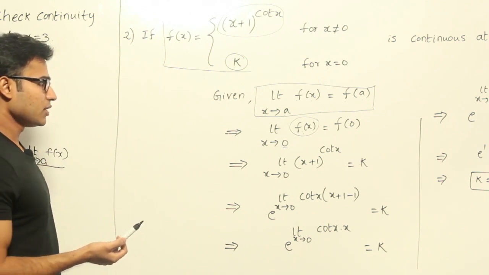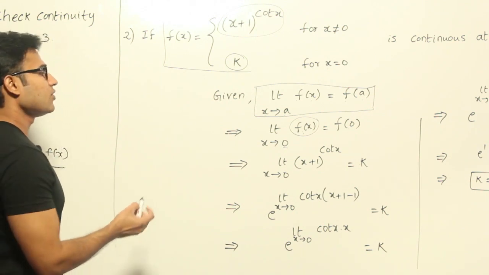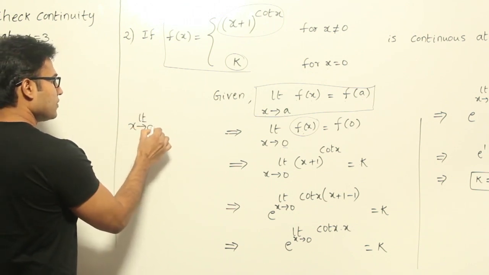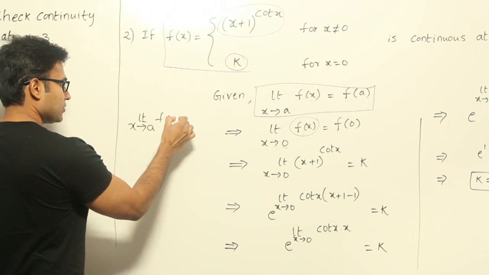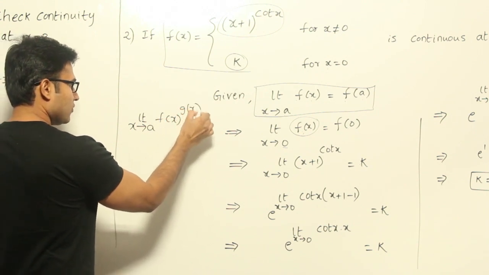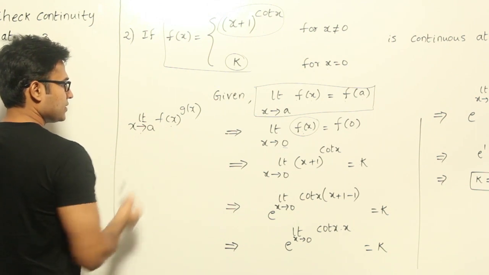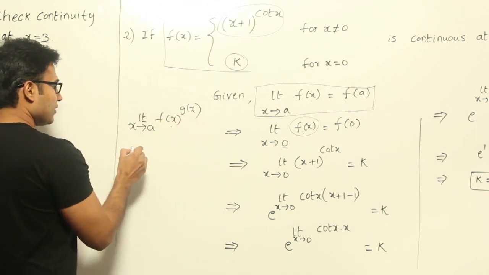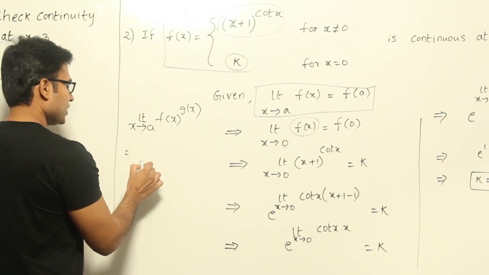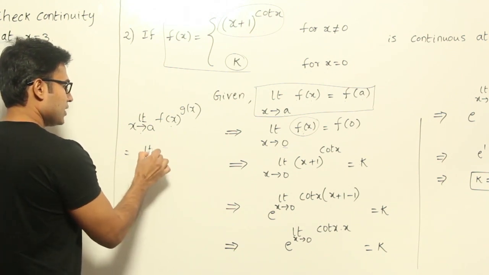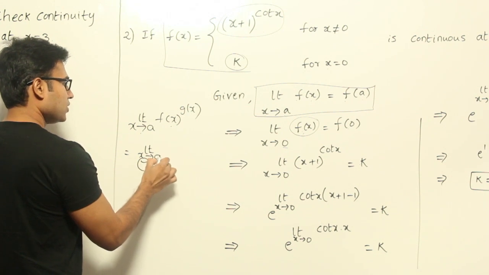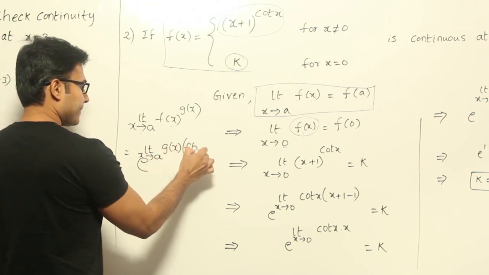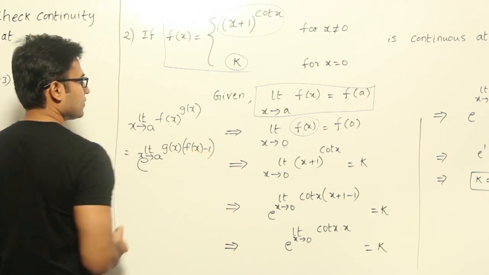Now whenever we get 1 power infinity, we know this formula. If we have limit x tends to a of f of x power g of x, and if I substitute x equal to a and find that this value is 1 power infinity, then we could write it as e power limit x tends to a of g of x into (f of x minus 1), right?